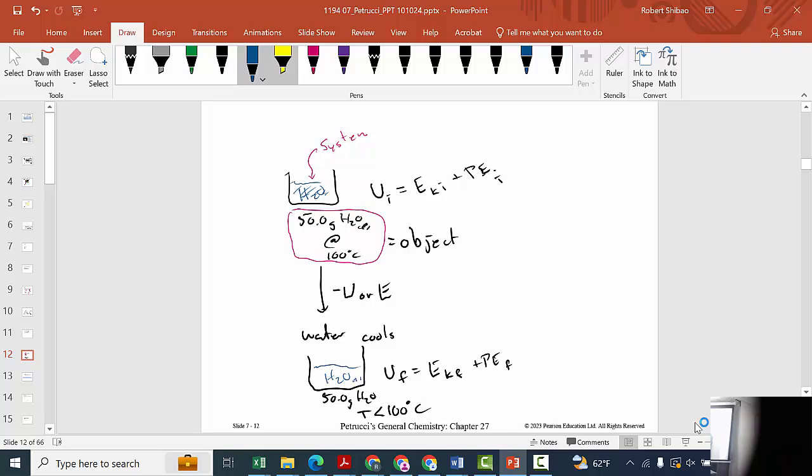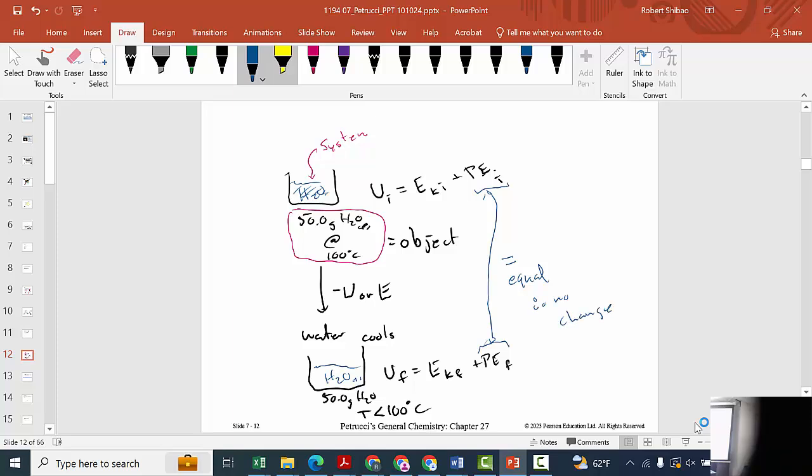And did the chemical potential energy change? Is it still water? Yes, it's still water. And so what we see here is that the potential energy initial and the potential energy final are equal. Therefore, no change in potential energy.